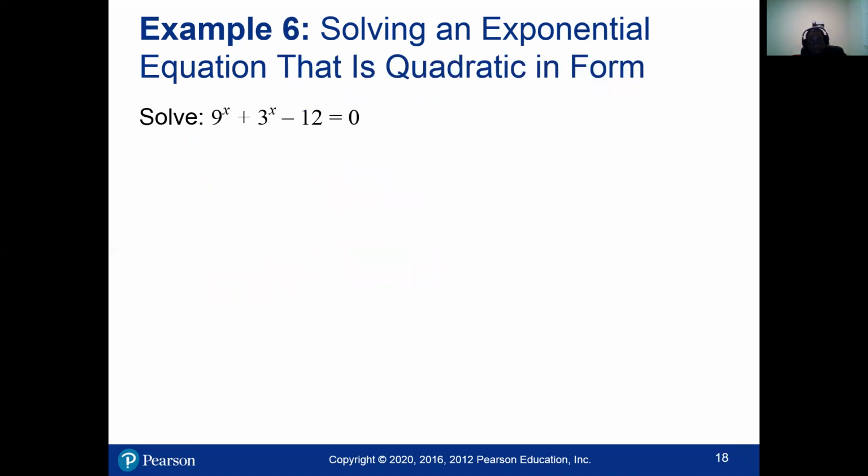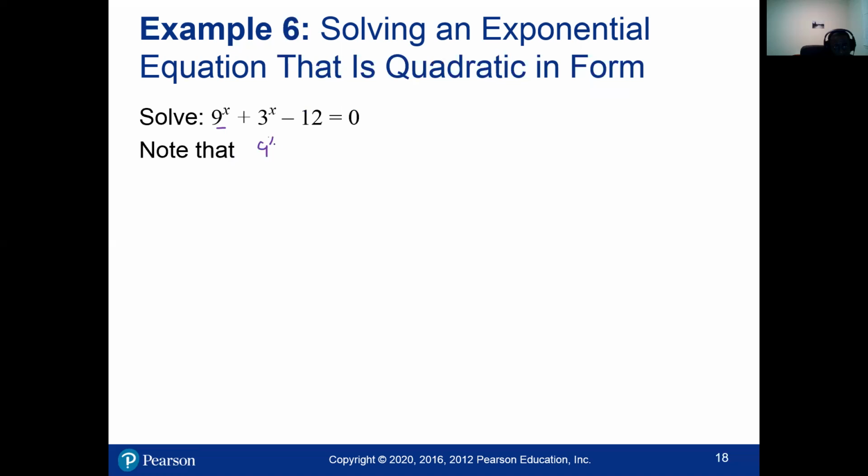Okay, so here is the last example, where you're going to get an equation in quadratic form. You're going to get a quadratic type of equation to solve. Note that if I have 9 to the x, you know that I can write 9 as 3 squared.